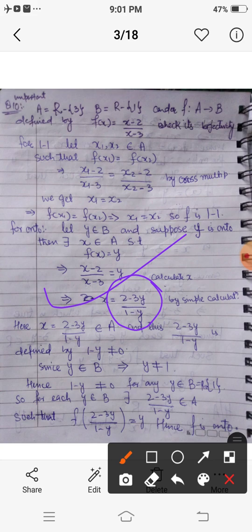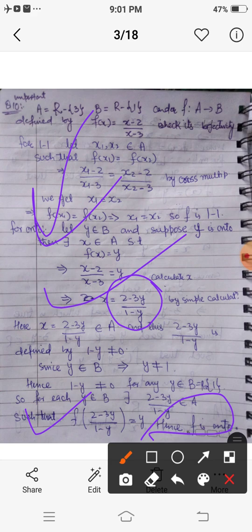So for this y there exists an x of the form 2 minus 3y upon 1 minus y such that f of x equals y. So y is arbitrary, hence each and every element of B is an image element, so f is onto. Hence in this way this function is bijective.